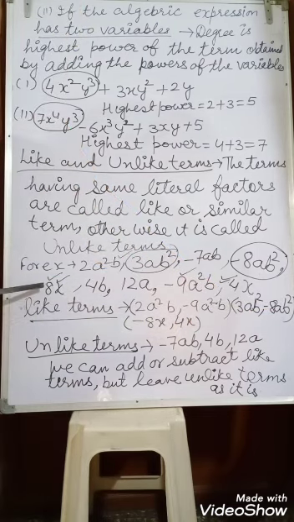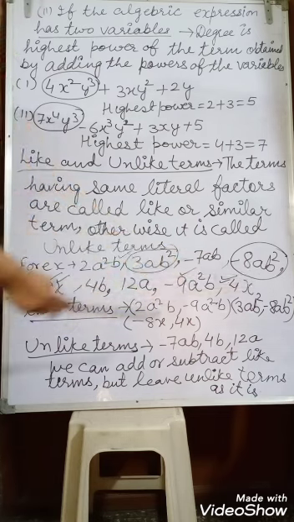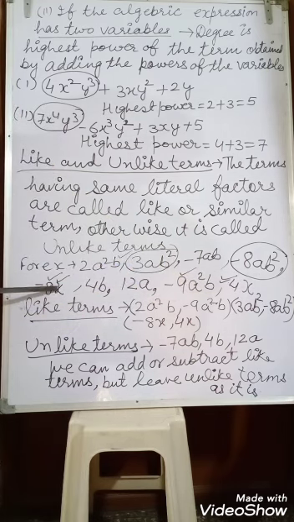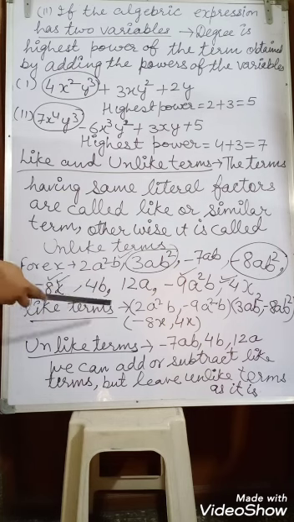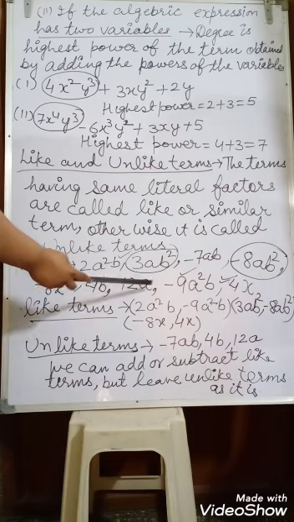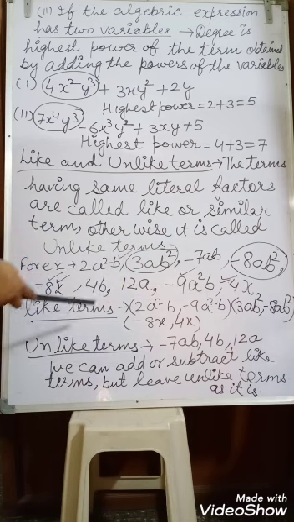Then minus 8x and 4x have the same literal x. So these are like terms and the rest are unlike terms, that is 4b, 12a, minus 7ab. All these terms are unlike terms.